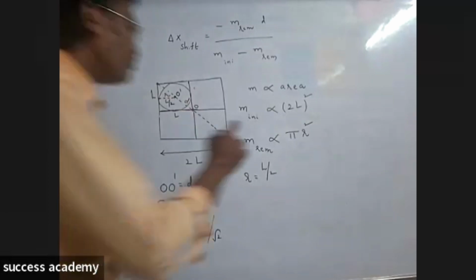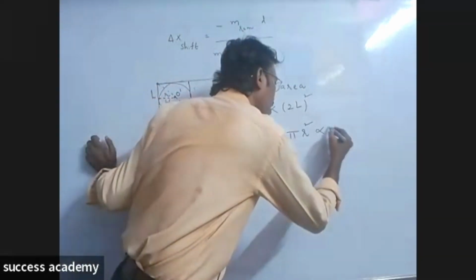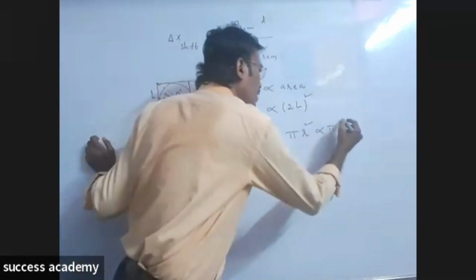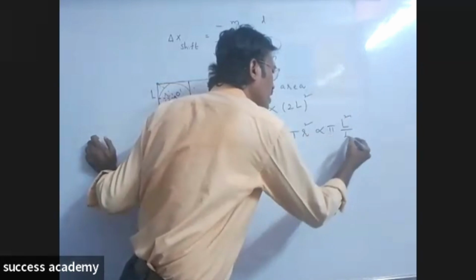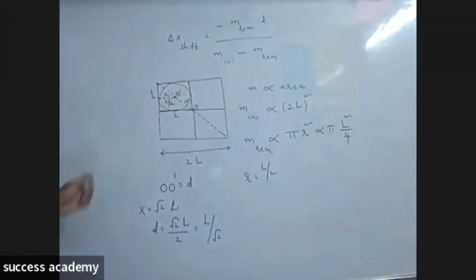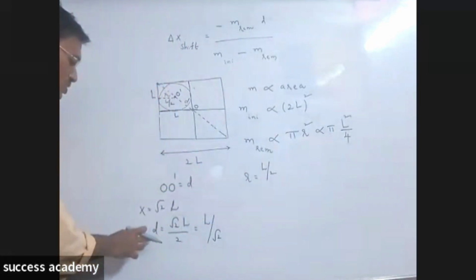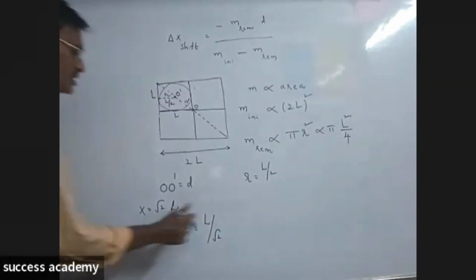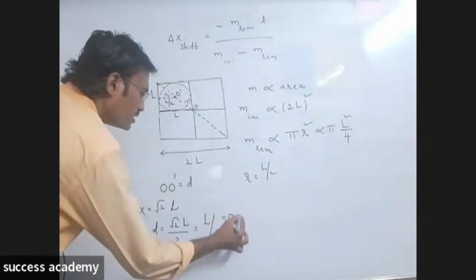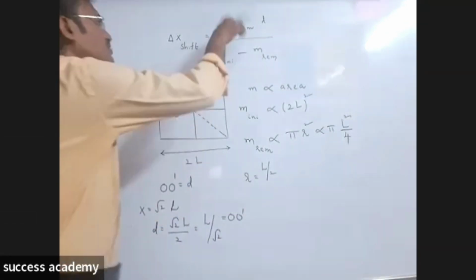Now here, proportional to pi, R is nothing but L by 2. L by 2 whole square is nothing but L square by 4. Now M initial, M removed and the distance between the two centers of mass, small d, which is O1 O dash, all these values we substitute in this formula.